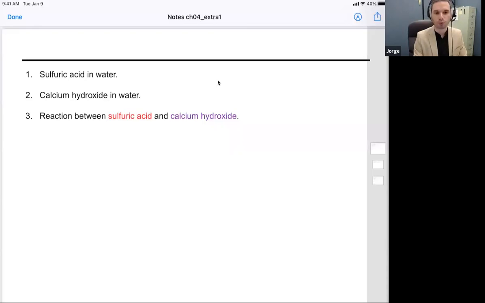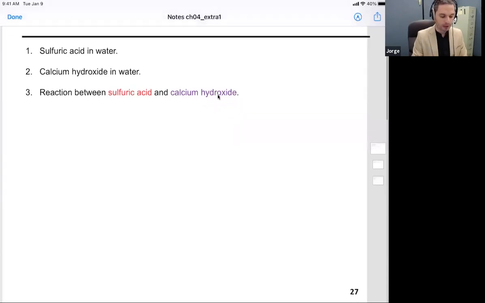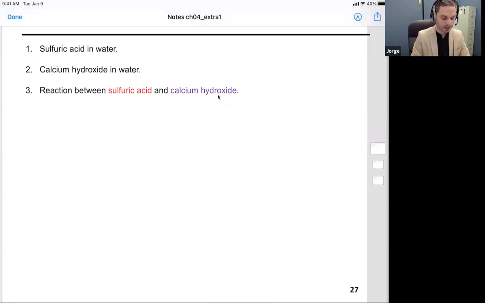Okay, so let's get back here. So let's do an example. So I will give you about 5 to 10 minutes. Try to do it by yourself, and then we will do it together. For this practice, let's work with sulfuric acid and calcium hydroxide.